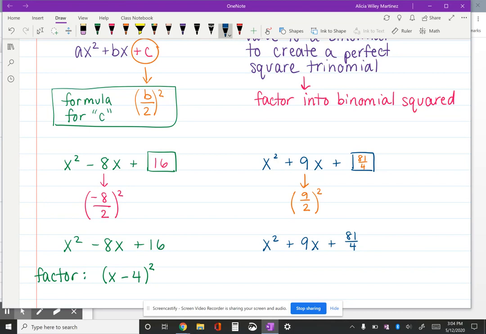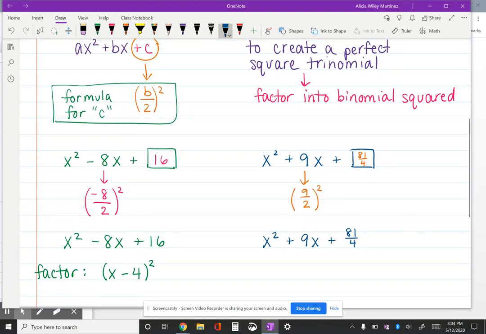81 over 4 is a perfect square. It's 9 halves times 9 halves. So if you go to factor this, remember it's going to be 2 binomials that are exactly the same, or that binomial squared. In this case, it'll be x times x. These are all plus signs, so it's going to be a plus sign. And you have to think about, what do I multiply to itself to get 81 over 4?